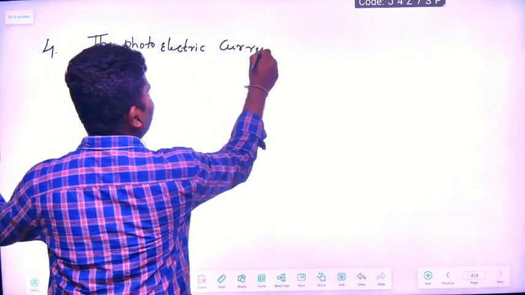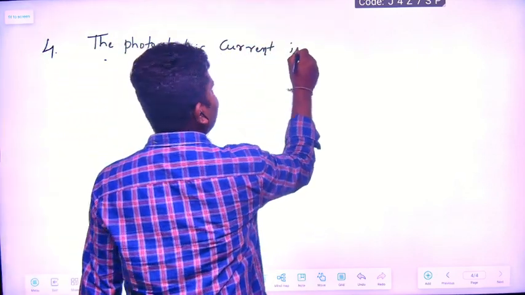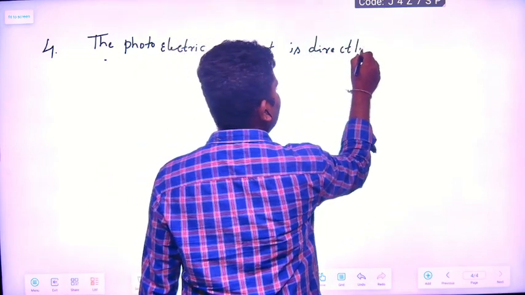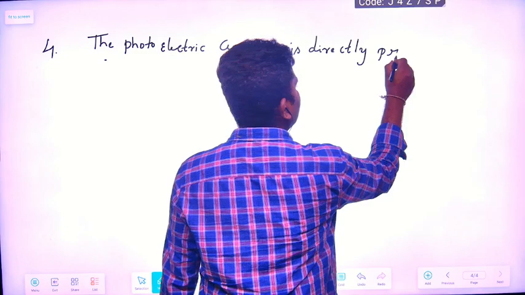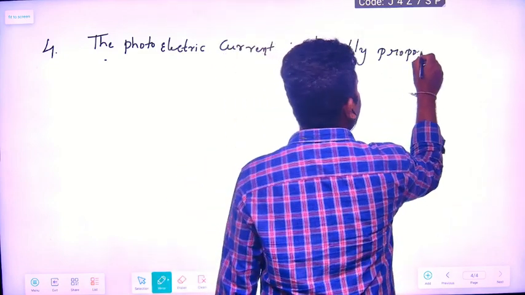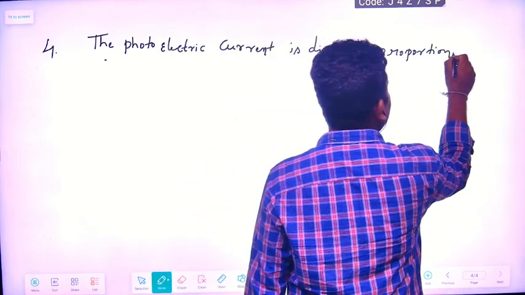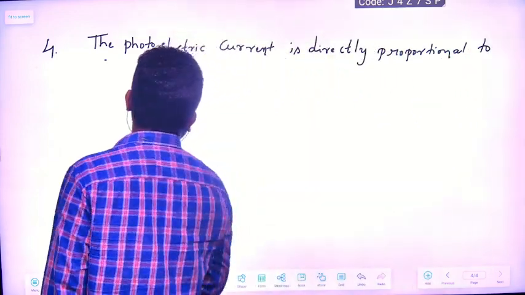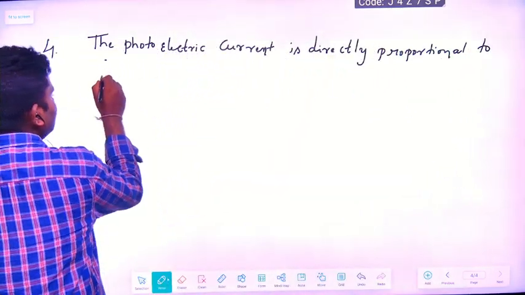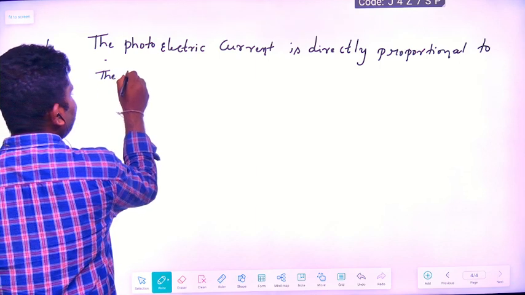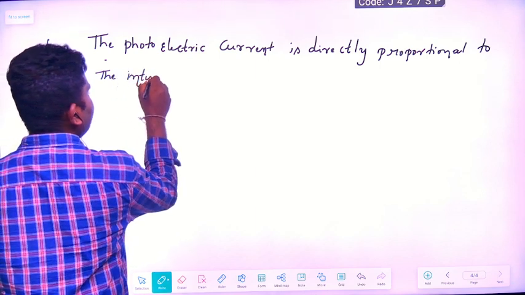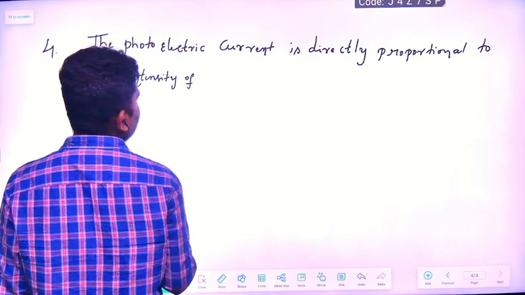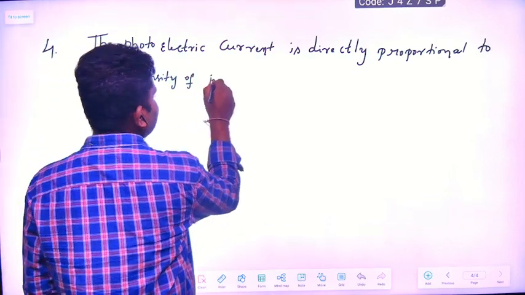The photoelectric current is directly proportional to the intensity of incident light.